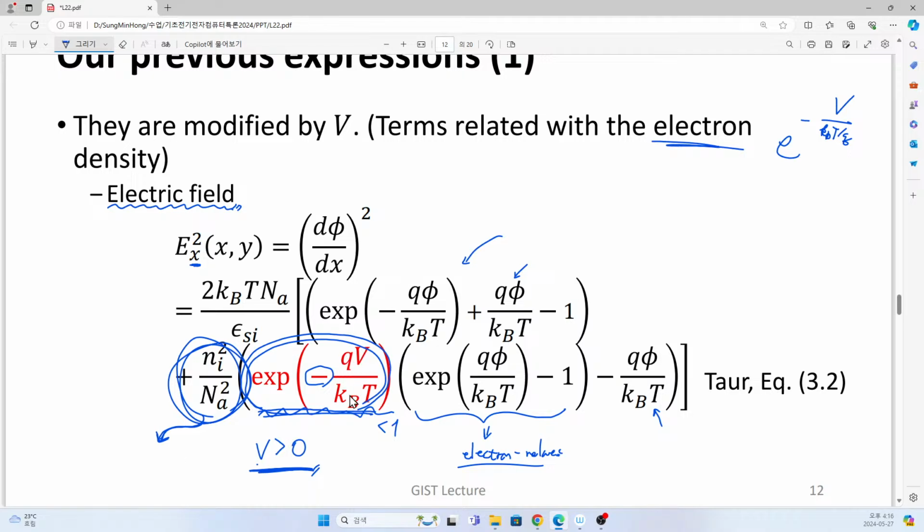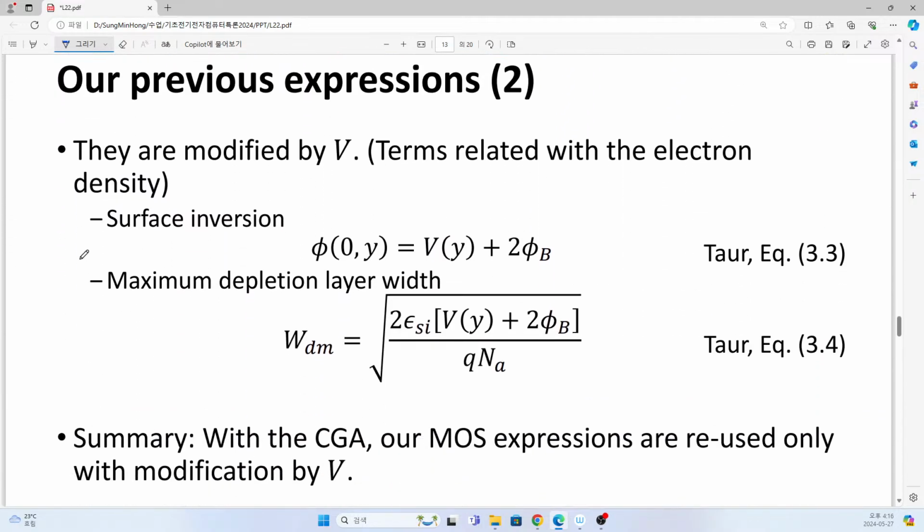But now, when we have a certain positive gate potential, and also a positive electron quasi-Fermi potential at a certain x point, then our surface bending should be even higher to get the same amount of surface inversion. That should be compensated. So now you can understand the condition for surface inversion is changed from its previous value.